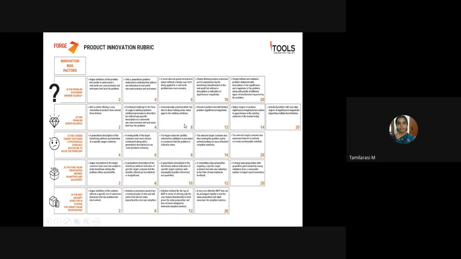The third is a conventionally solved problem, but the idea is about solving only minor challenges in the existing solution. It addresses a few challenges in the existing solution. Then you can give the score as 8.